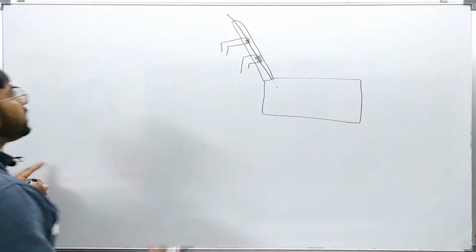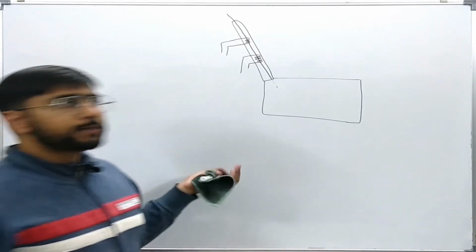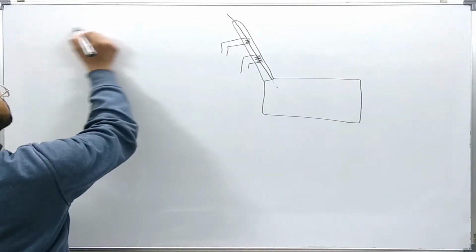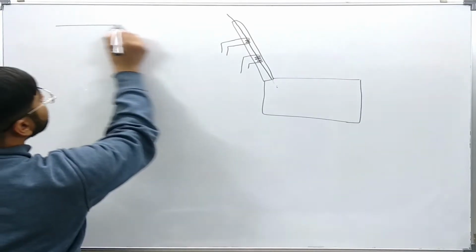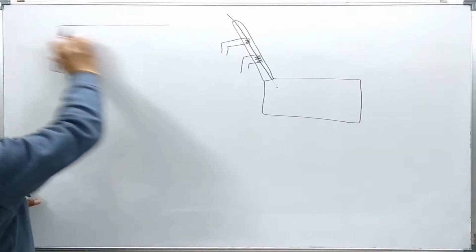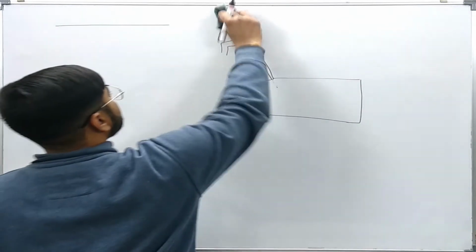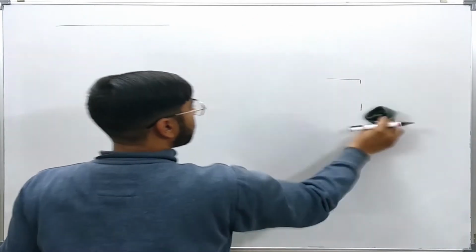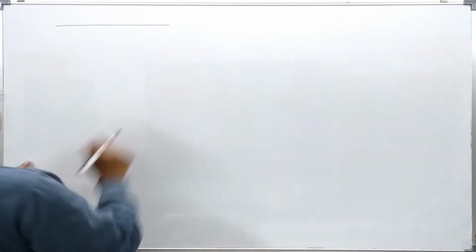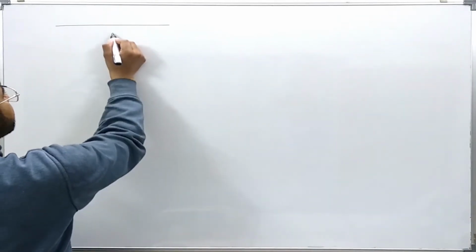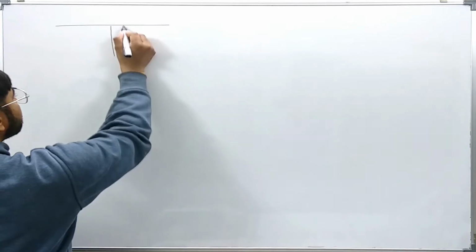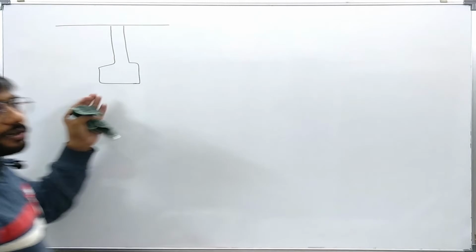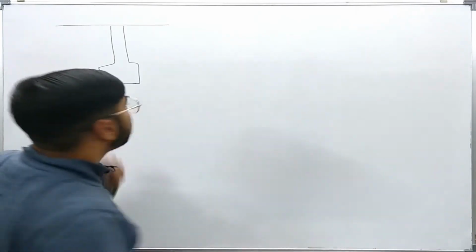Similarly, we can have a dead tank or a live tank CT also. What does it mean? Like this is the normal wire of the HV side. We can have a CT like this. This is insulation and this is the tank. This tank might be filled with transformer oil for insulation as well as cooling purpose.